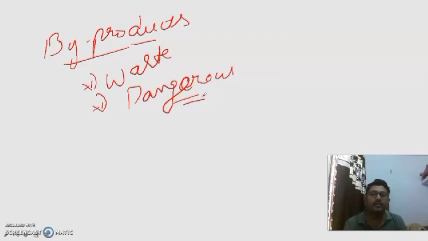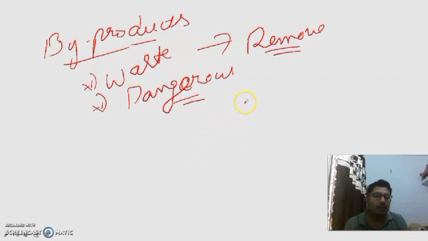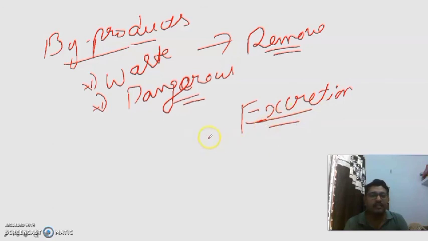So for that reason we have to remove this waste. To eliminate this waste from the body we have a system called the excretory system, and this process is called excretion. This excretion is the fourth life process which we have to study in this chapter, right?